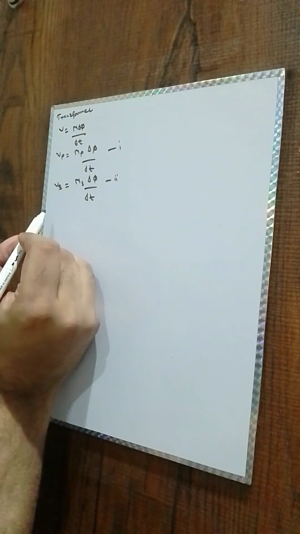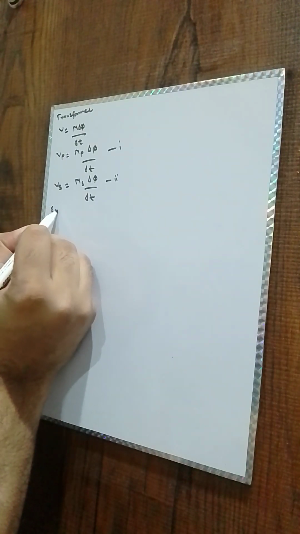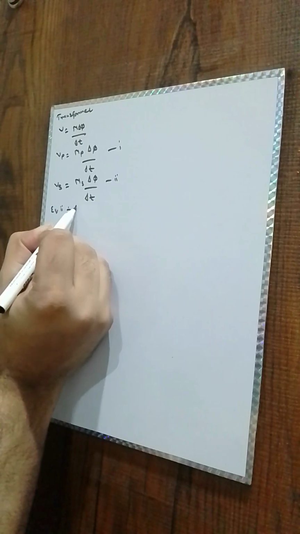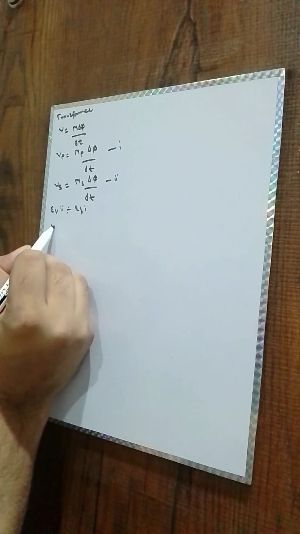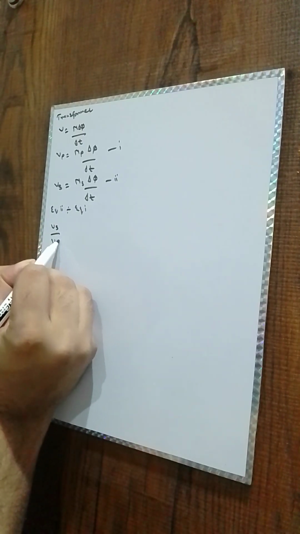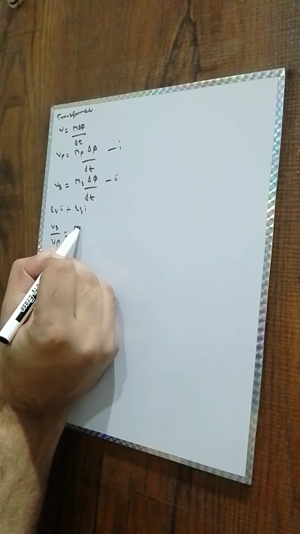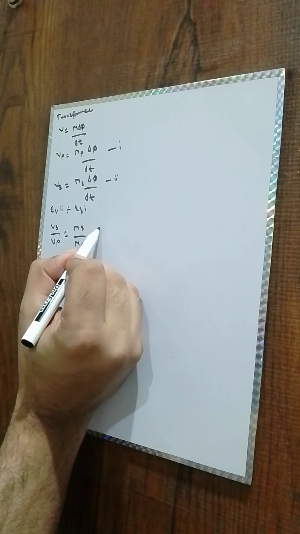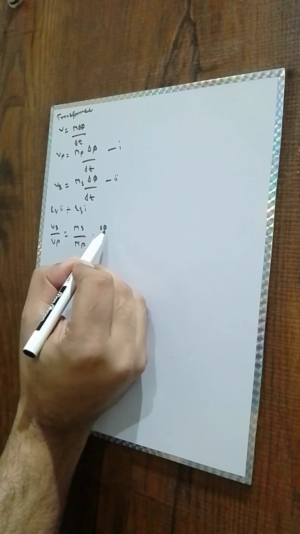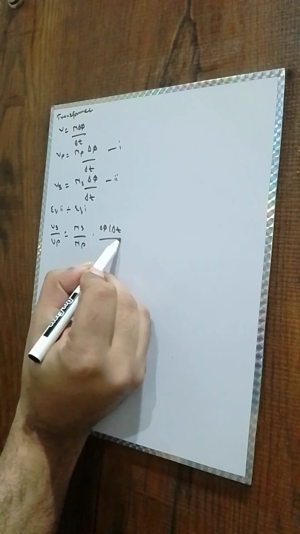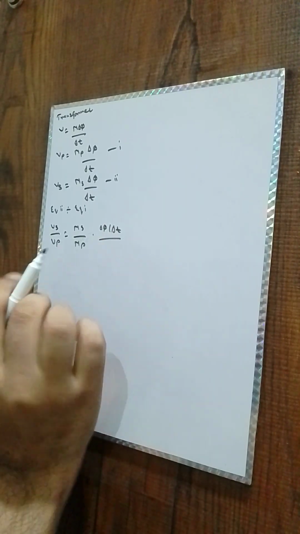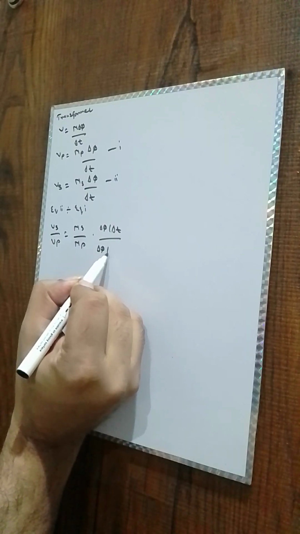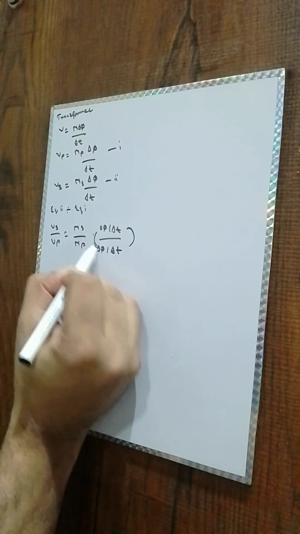So equation 2 divided by equation 1, which means Vs by Vp is equal to Ns by Np times delta phi by delta t over delta phi by delta t.